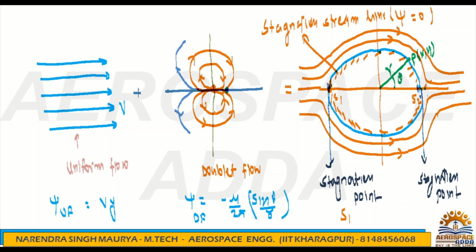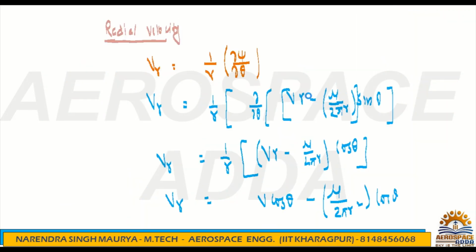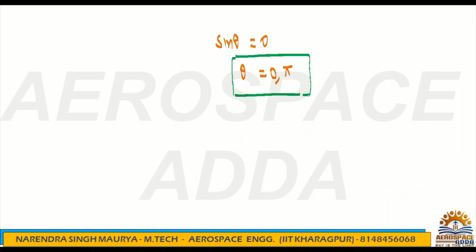If theta makes 0, then stagnation point S2 you will get, and if theta makes pi, 180 degrees, then S1 you will get. By the diagram also it is true. So how many stagnation points do you have? It is 2. With respect to theta, one point is at 0 degrees, another is at radian value pi or 180 degrees. Both are correct.